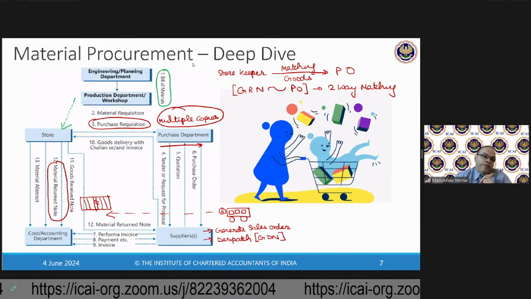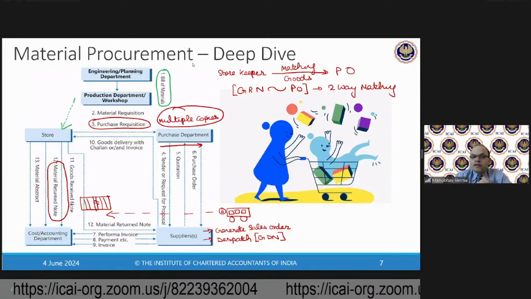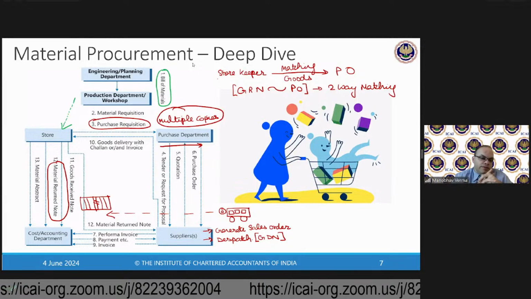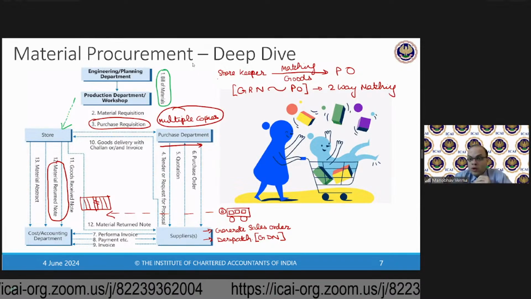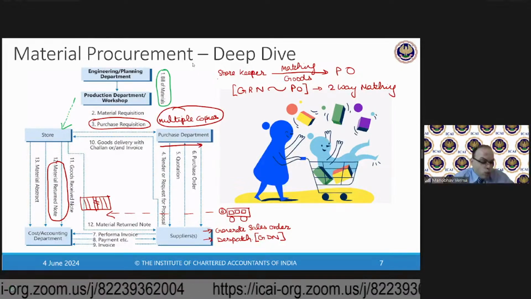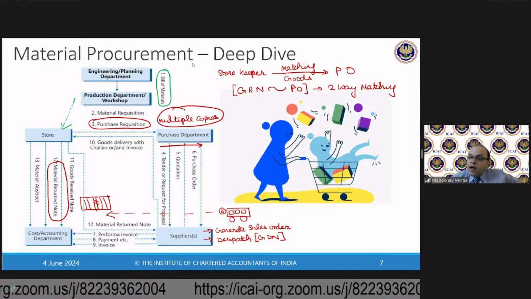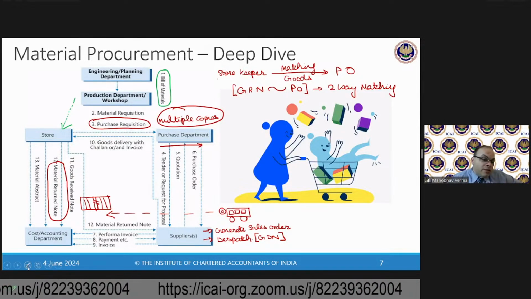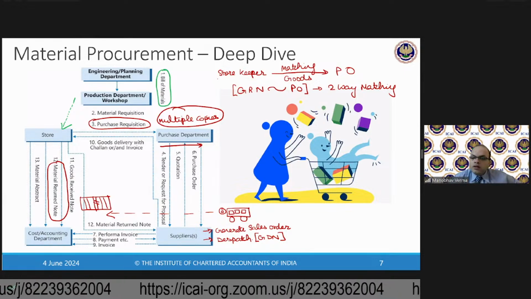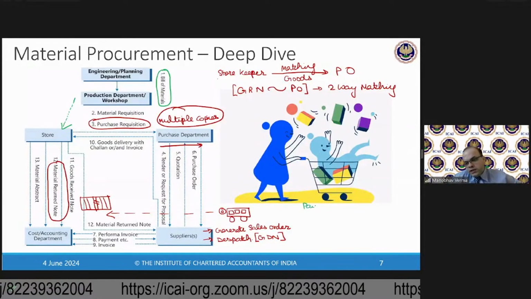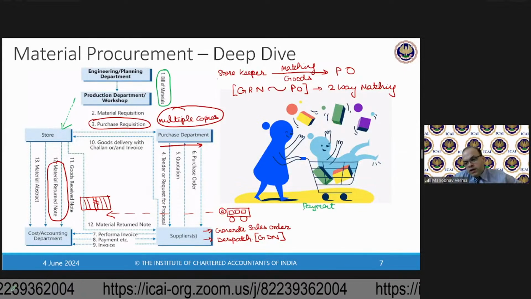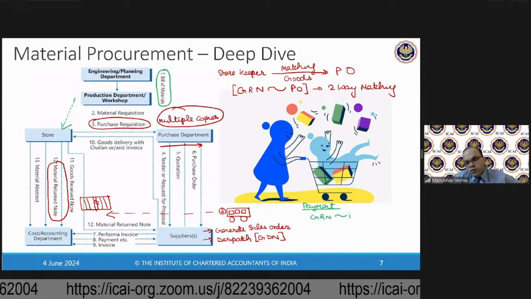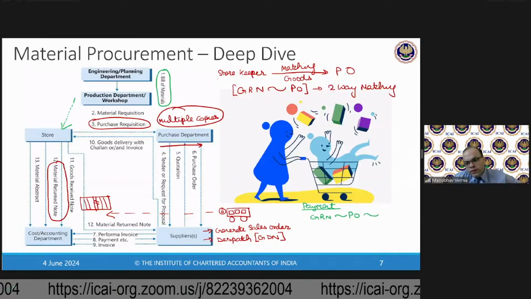They have received a PO, they have received a goods received note, they have also received a vendor's invoice. So what the accounts payable team would do for processing the invoice payment, for payment purposes, they will compare the goods receipt note with the purchase order.